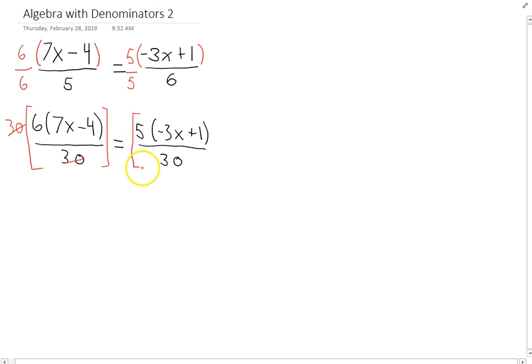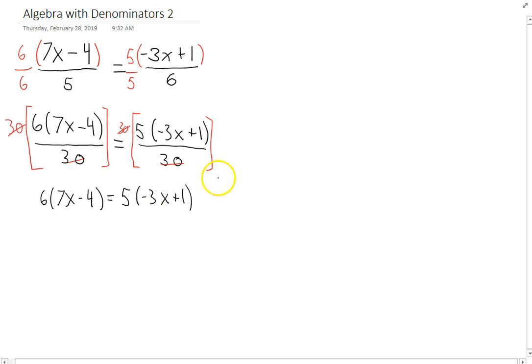And I'm going to multiply this side by 30, and that will cancel with this. Now, once that's happened, I have 6 times 7x minus 4 is equal to 5 times negative 3x plus 1.